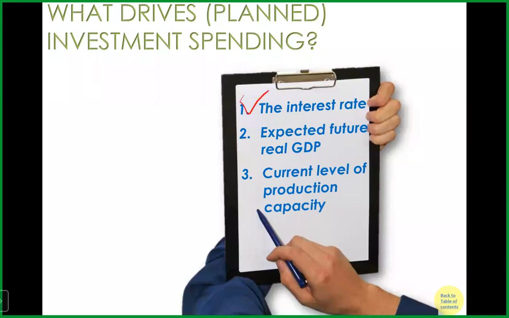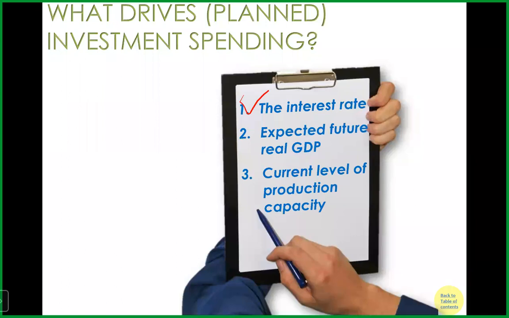Second, expected future GDP. Why does that matter? Because investment usually goes to capital, to the future production capacity. If you are expecting the future GDP to be very strong, the demand is going to be strong, and then you have incentive to expand your business by investing.